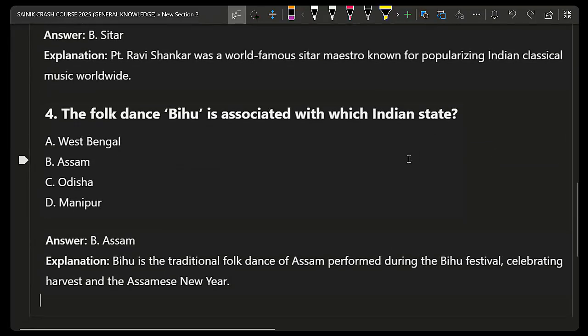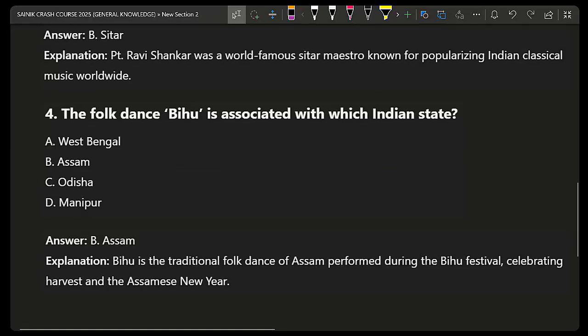Bihu is the traditional folk dance of Assam performed during the Bihu festival, celebrating harvest and the Assamese New Year. Harvest means after the crops are over, they will take the yield back. So at that time, they celebrate this festival, the Bihu festival. Next question.